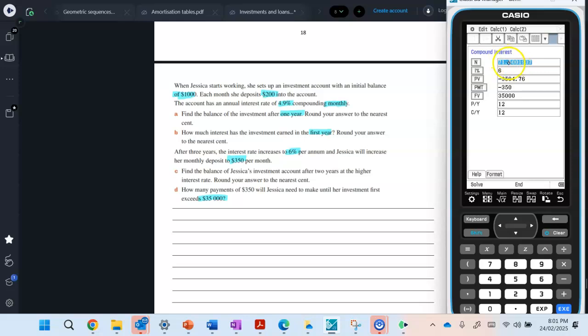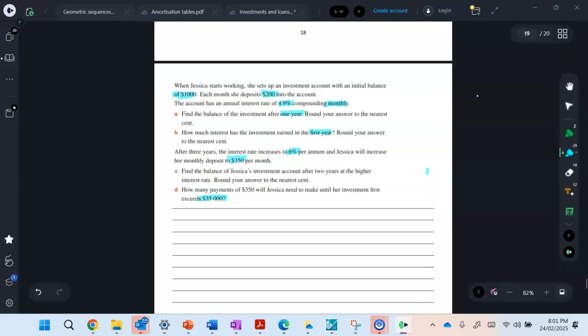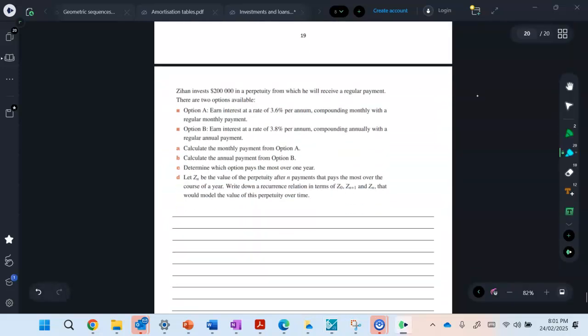So I can't say it's 71 and I can't say it's 71 and a half because you can't have half a month. So it's going to be 72 months. So 72 months, it will be over 35,000. So let's just have a look. So if I did 71, it's not going to quite be there. So you can see you do need 72 and then it will exceed. Okay, good stuff. All right, last question.